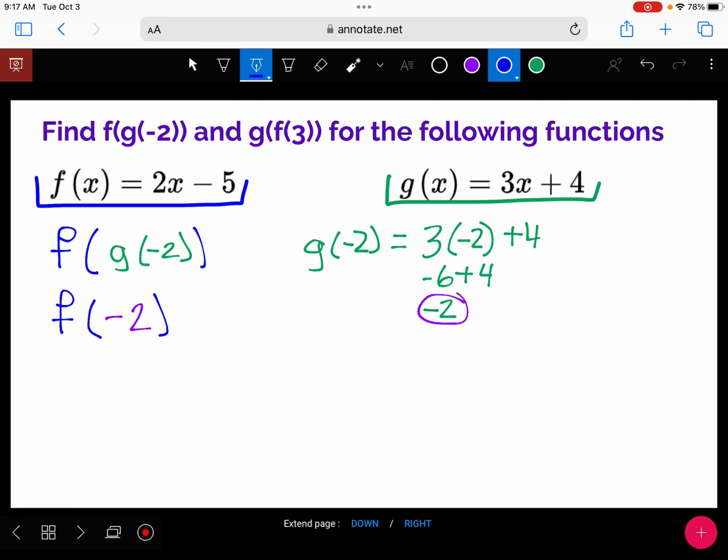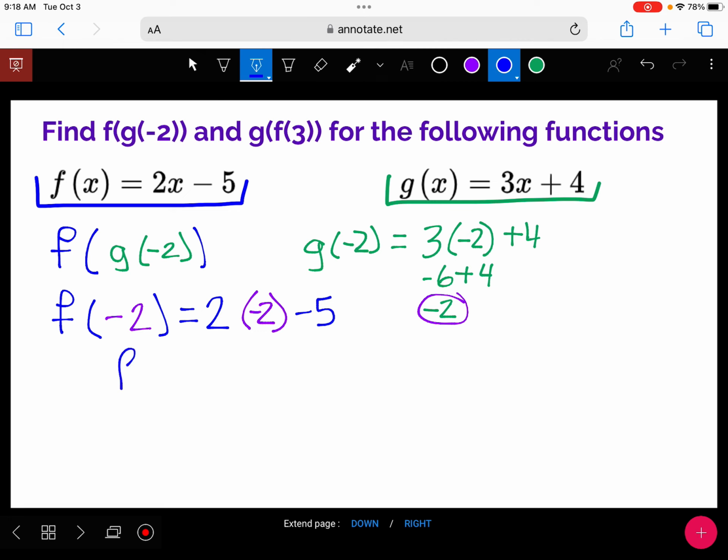So when we give you values, you don't have to compose the whole functions. You can compose the solution. And it's actually significantly less work. Because what is f of negative 2? 2 times negative 2 minus 5.